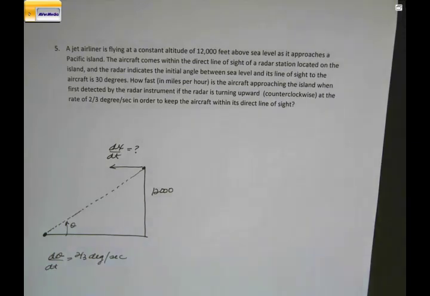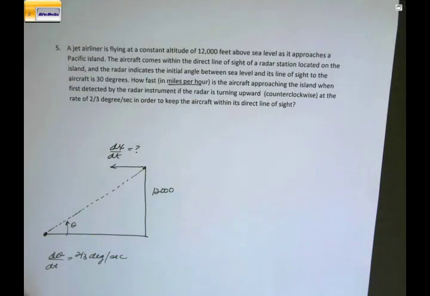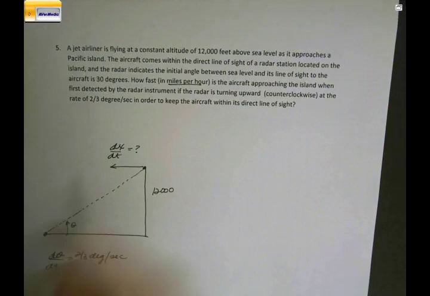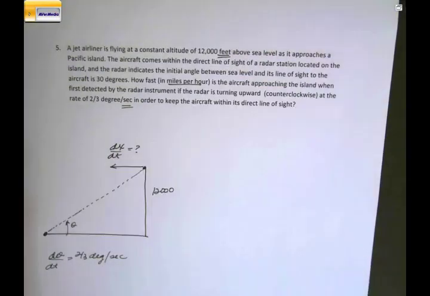What did it say up here in the question? First of all, that plane is 12,000 feet. Here's the problem. That's in miles per hour, and this is in seconds. Oh my. And 12,000 is in feet.